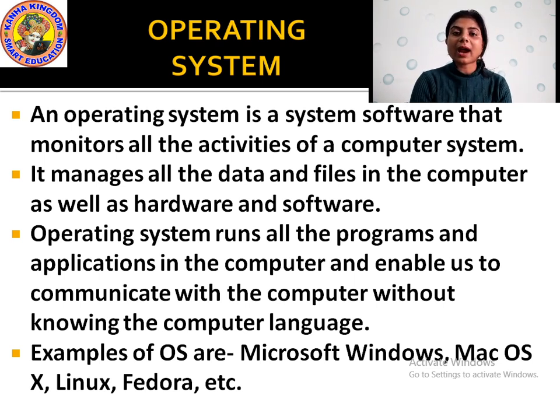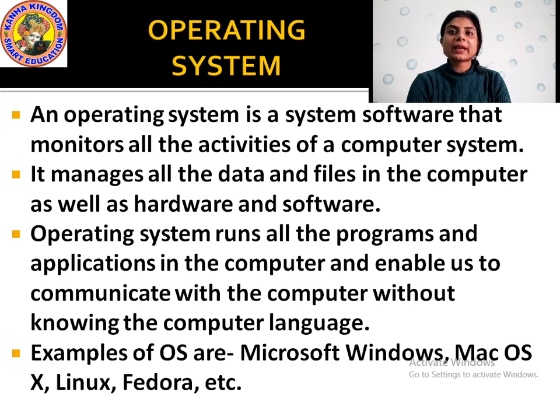And software are the applications that are present inside the computer, through which we can perform or work on the computer. So this operating system manages all the files and data, whatever we write, whatever we do inside the computer, everything is managed by this operating system.